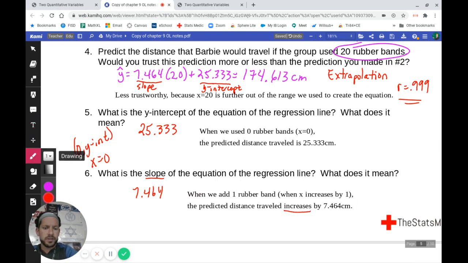So it increases because our slope is positive, and there is our slope value, m.